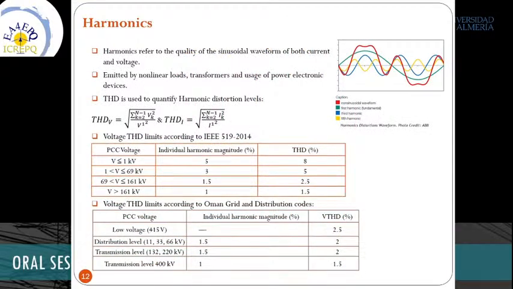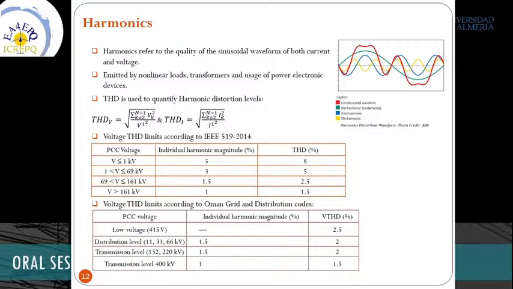Harmonics levels refer to the quality of the sinusoidal waveform for both current and voltage emitted by nonlinear loads, transformers, and usage of power electronic devices. Total harmonic distortion is used to quantify harmonic distortion level.